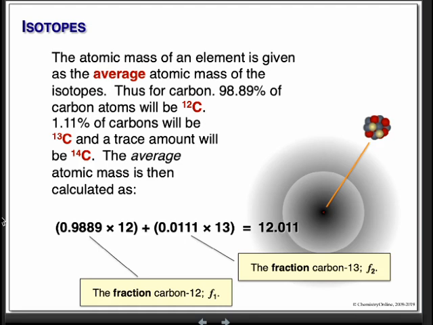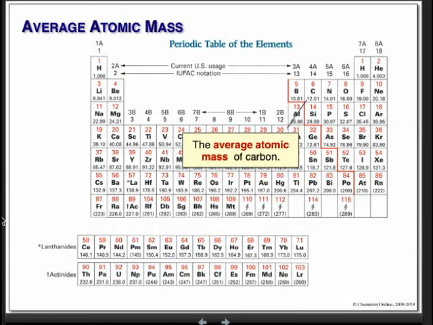If you look at the periodic table, the number at the bottom here is the average atomic mass for carbon. And for everything else, you'll notice that nothing comes out even because everything has isotopes associated with it. Whenever you do calculations, you must use the average atomic mass. Any questions?